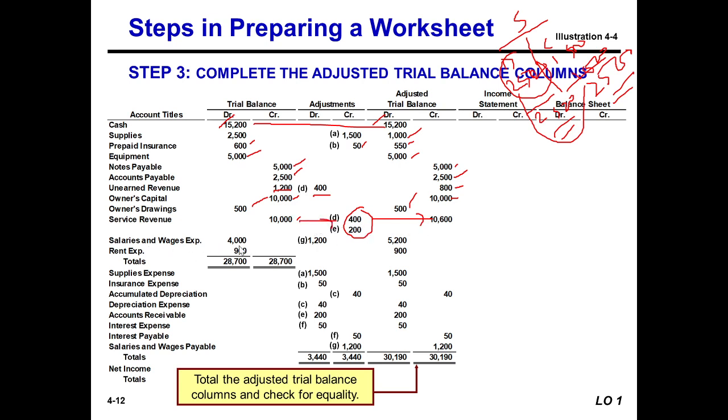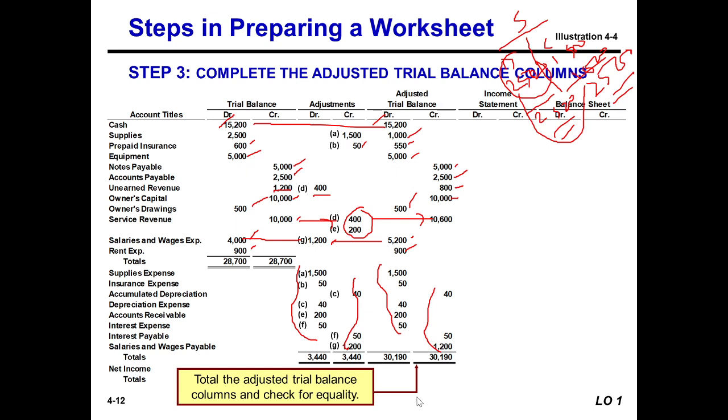Now salaries and wages expense 4000, this is debit, and this is the debit 1200. So total debit will be 5200. This is the rent expense 900, this will be 900 because of no adjustments here. Okay, and now the same figure, this one, and these three figures.